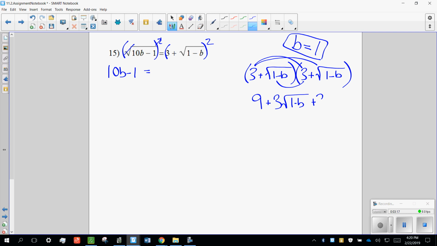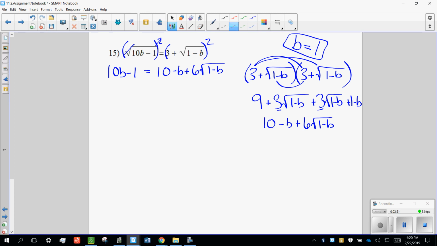So we have another one of those, plus 3 square root of 1 minus b. And then the square root of 1 minus b times the square root of 1 minus b is just 1 minus b. Combine some like terms, we get 10 minus b plus 3 and 3 is 6 square roots of 1 minus b. So that's what we're going to put over here. 10 minus b plus 6 square root of 1 minus b.